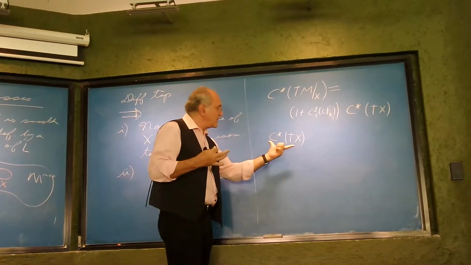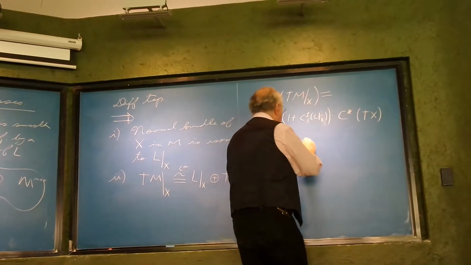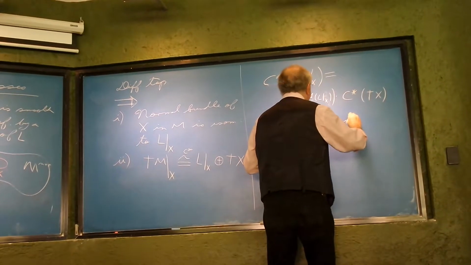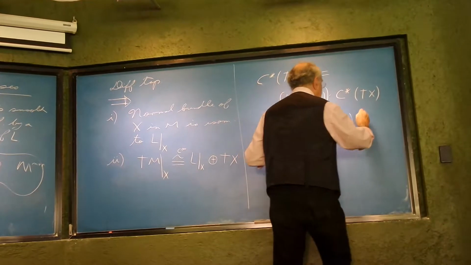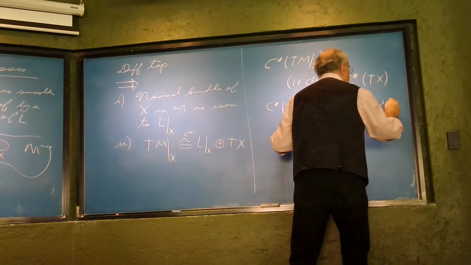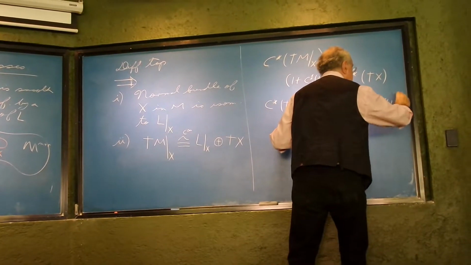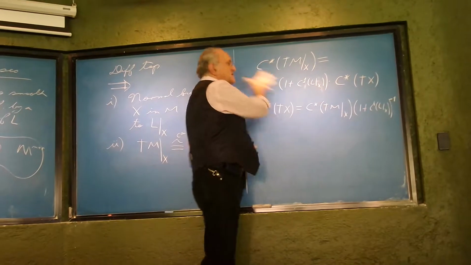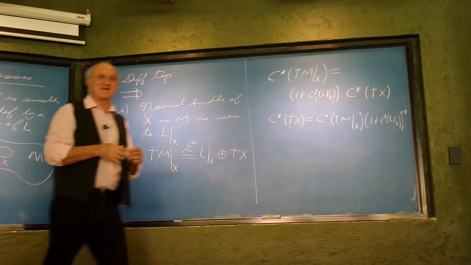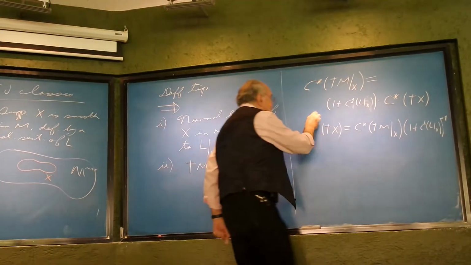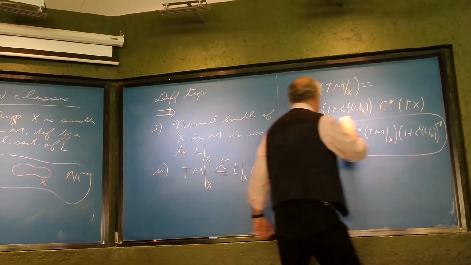Just formally, the Chern classes are going to be given by this product times (1 + c1 of M restricted to X) to the minus 1. So we pass it to the other side, dividing. Okay?